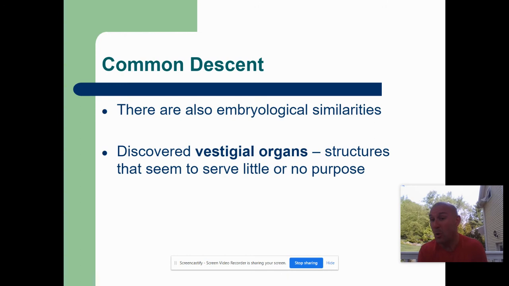You'd actually have to know what you're looking at. If we looked at it just briefly, it would be very hard to tell the difference between a developing fetus of a cow or of a human or even of a fish. They look very, very similar early on in development. Obviously, they differentiate as they develop, but early on, they look very similar. And that is evidence of evolution as well, showing that we have a common ancestor.